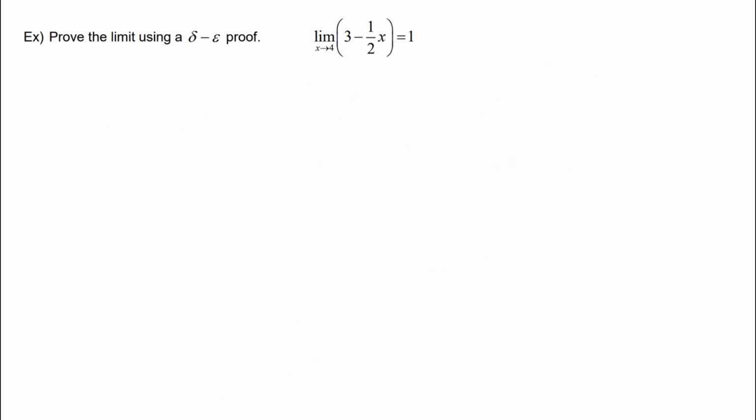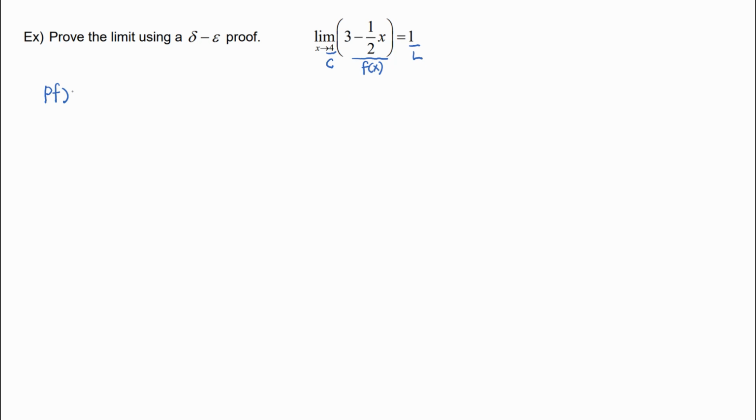Prove the limit using a delta epsilon proof. The limit as x approaches 4 of the function 3 minus half x is equal to 1. Let's determine what my c, f(x) and L are first. So here's my c. My c is 4. My function is this, 3 minus half x. And my limit L is 1. Proof.